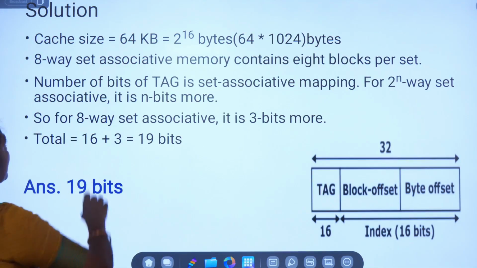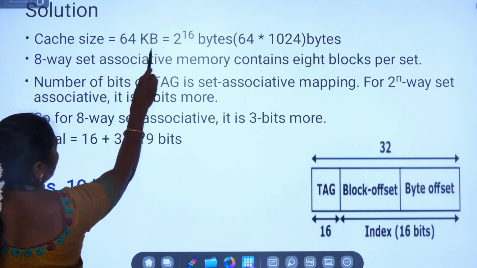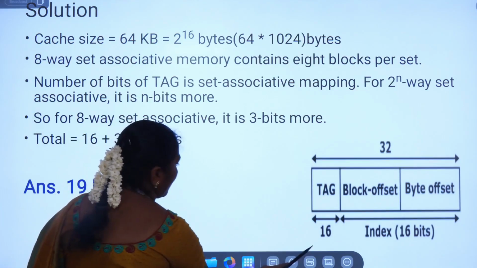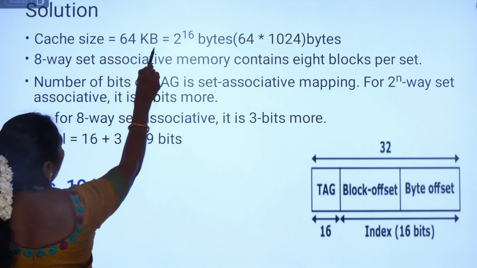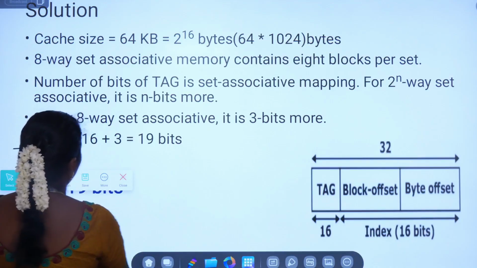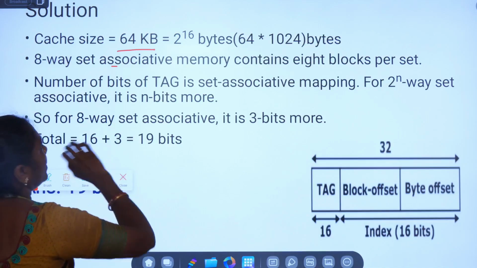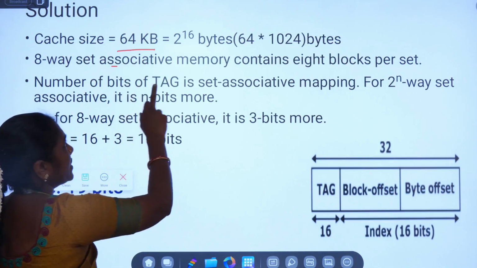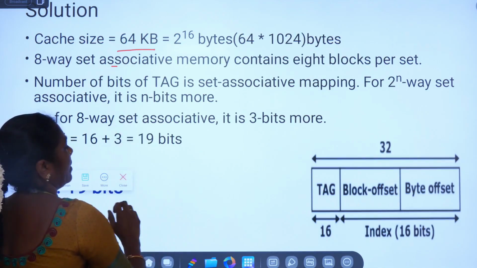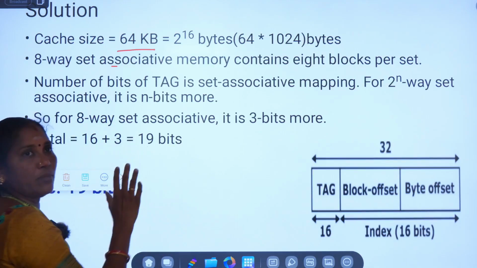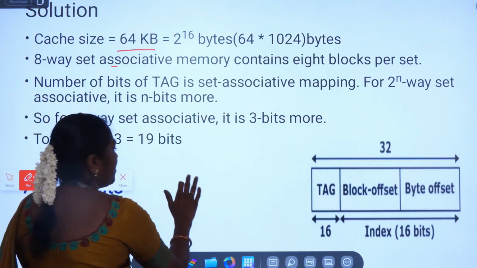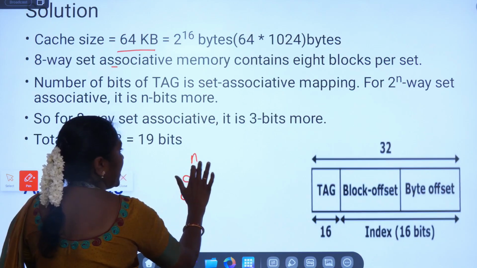So the cache size is 64 kilobytes. This 64 kilobytes is converted into 2 power n, since the memory capacity has to be represented as 2 power n.